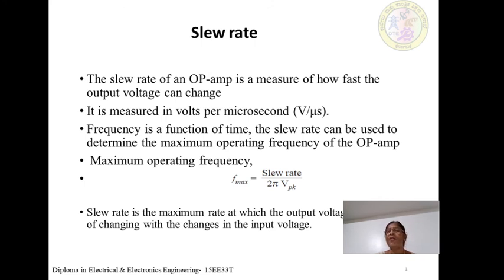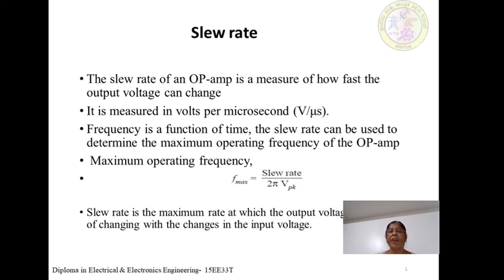Frequency is a function of time, that is f is equal to 1 over t, or t is equal to 1 over f. So frequency and time are reciprocal, inversely proportional. So the slew rate can be used to determine the maximum operating frequency of the operational amplifier.